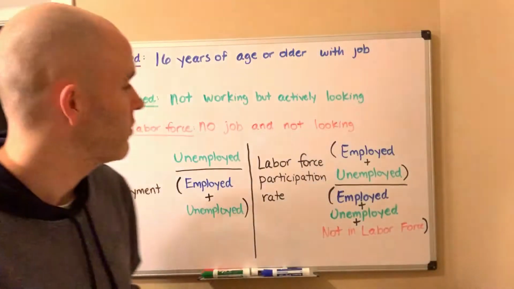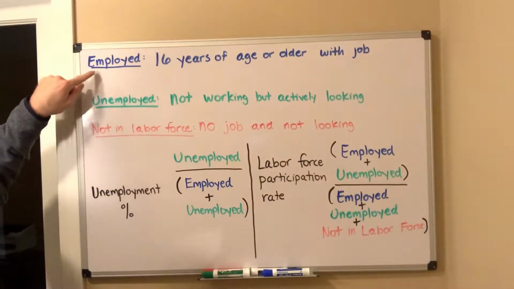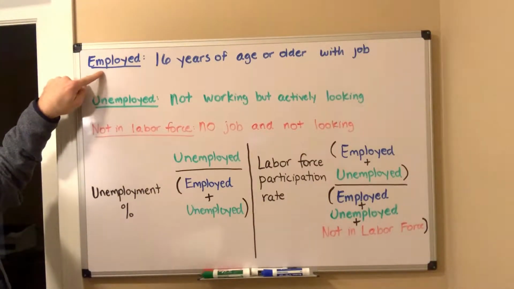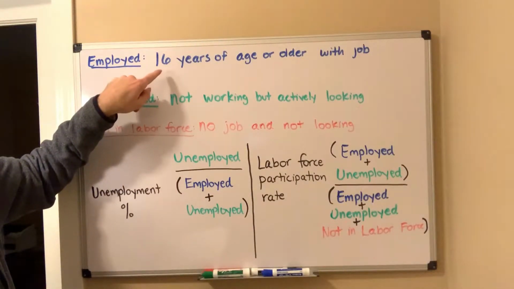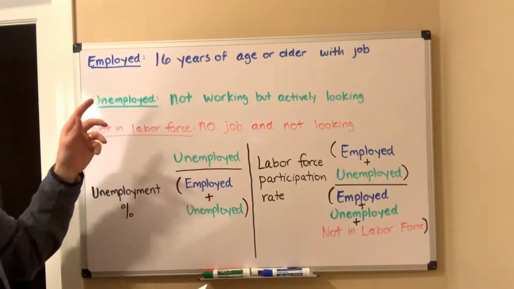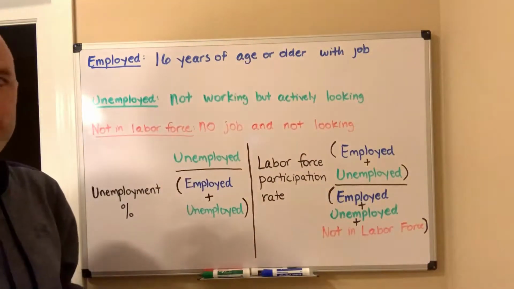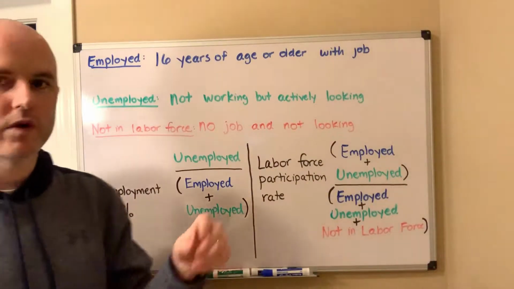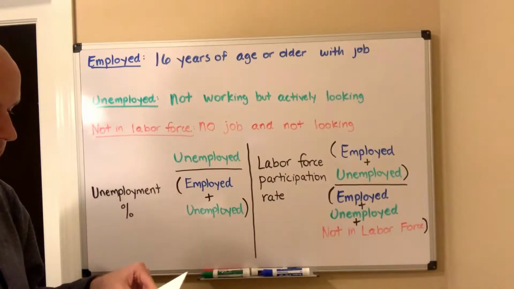Okay, so the first is the term employed. What that means is we're referring to people 16 years of age or older with a job. And with a job could mean any of the following things.